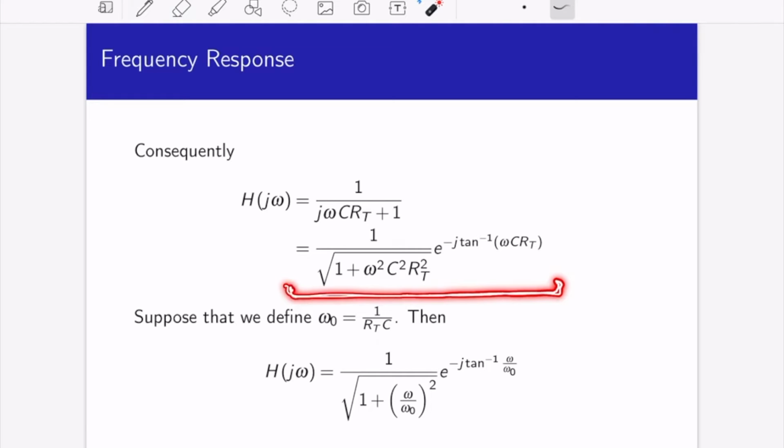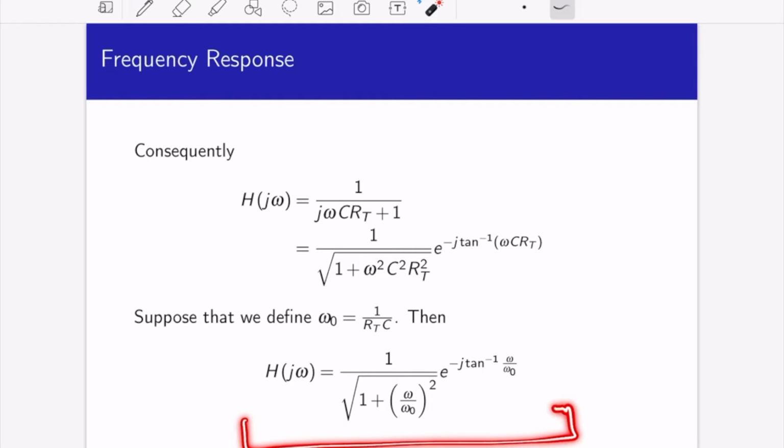Using Euler's identity, we end up with 1 over the square root of 1 plus ω squared C squared R_t squared times e to the minus j inverse tangent of ωCR_t. We can call 1 over R_tC ω naught, and then we can rewrite the equation as H(jω) is equal to 1 over the square root of 1 plus (ω over ω naught) squared times e to the minus j inverse tangent of ω over ω naught.